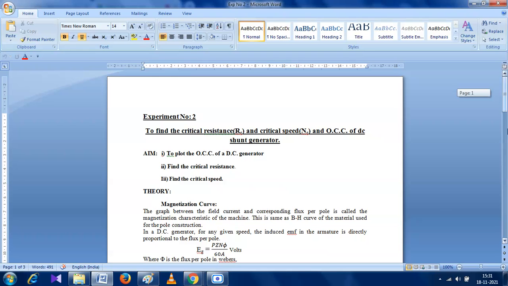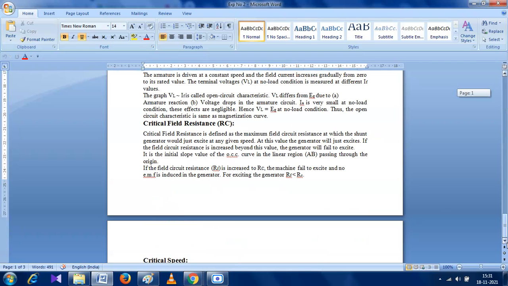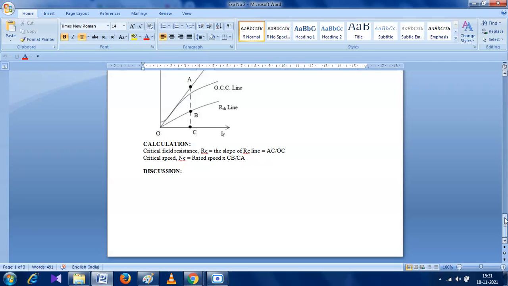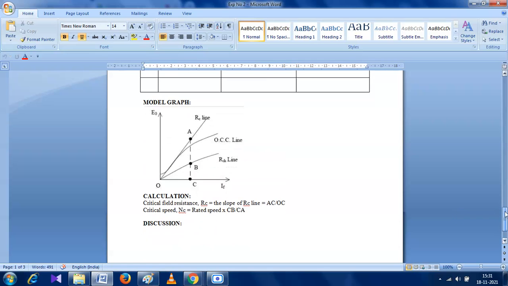मान लीजिए ऐसा ही एक ग्राफ आएगा. Ayush, am I audible?